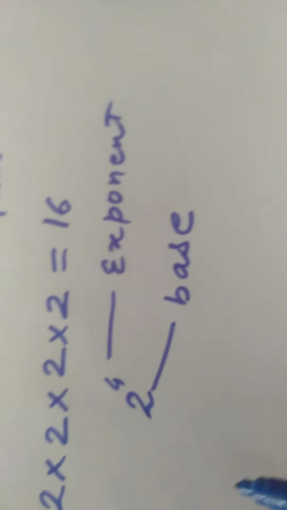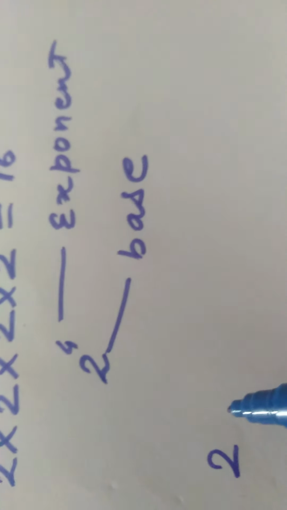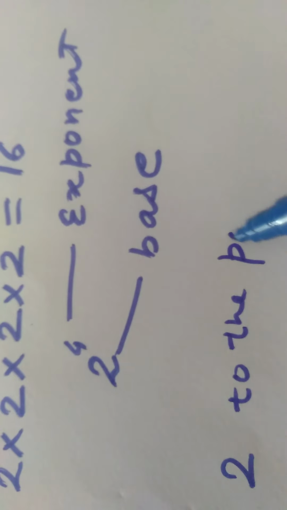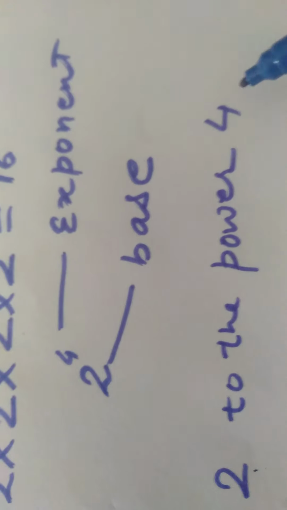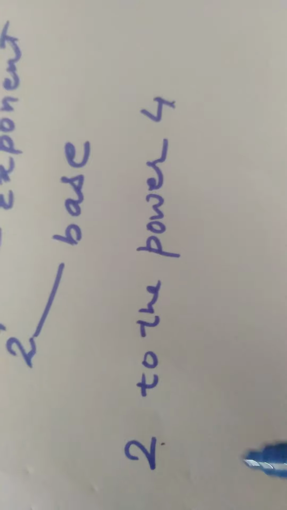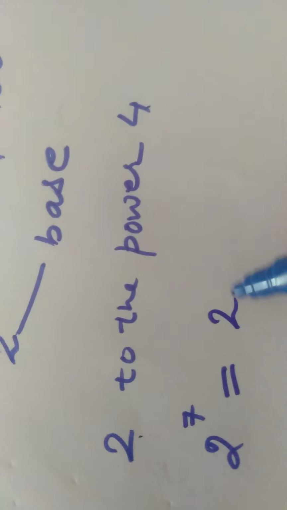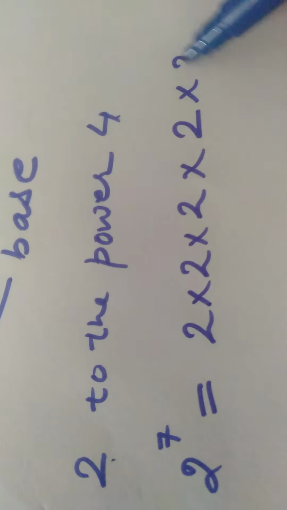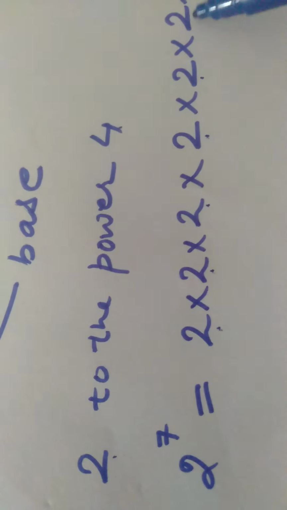And we call this 2 to the power 4. This means 2 is the base and 4 times this 2 is multiplied to itself. 2 to the power 7 means that 2 is multiplied to itself 7 times. 1 2 3 4 5 6 7.